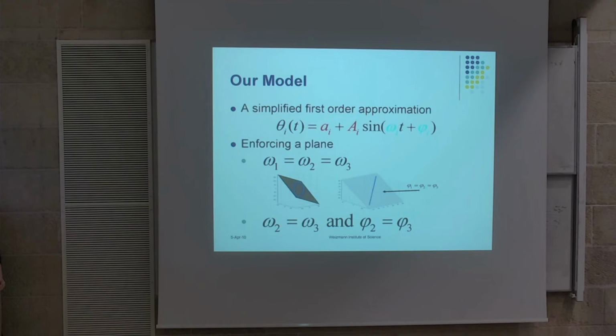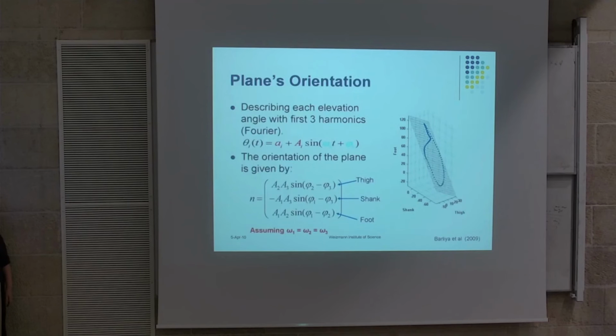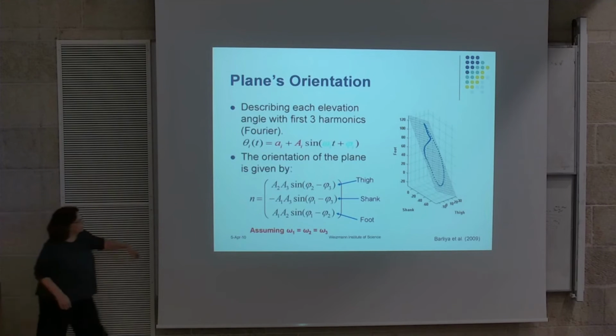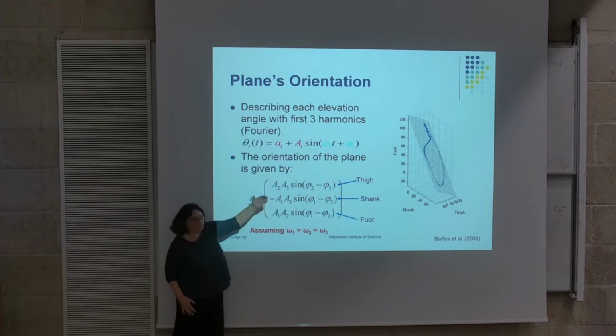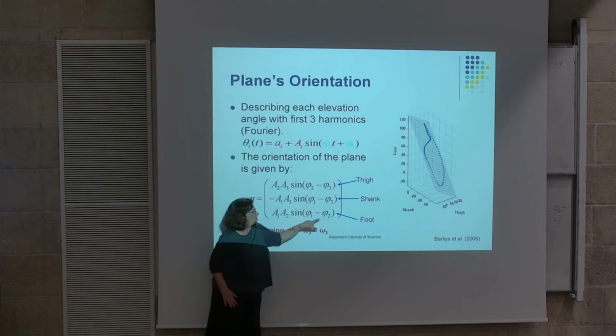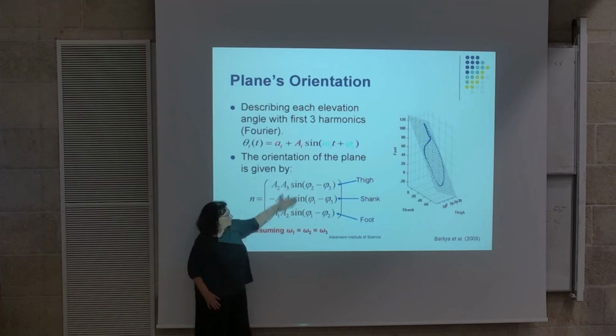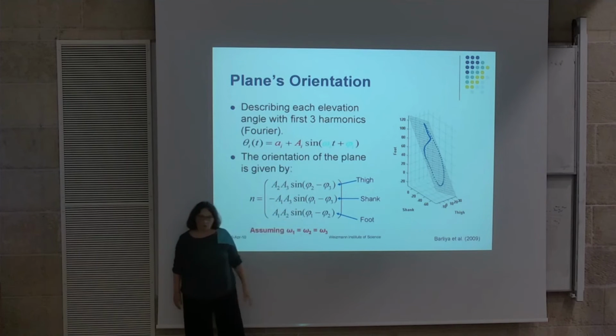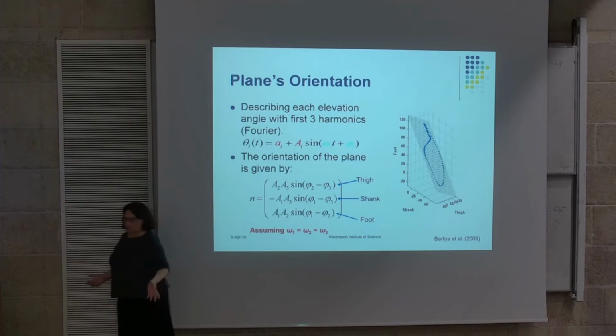It's actually closer to an ellipse, and I get it if I have a phase shift between the different joints. Okay, so this is a very simple model, but we can really predict the direction of the unit vector which is normal to the plane. This is the mathematical expression. You have phase shift between the different joints, and you can use this to describe the shank, thigh, and foot for healthy locomotion.